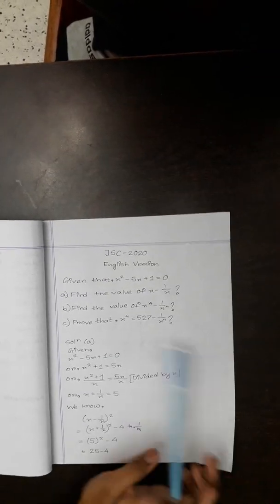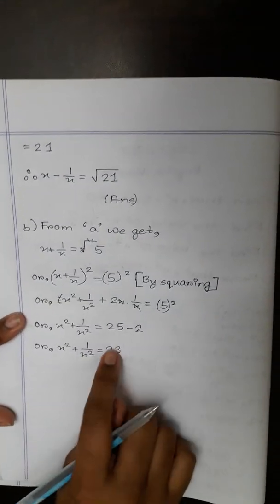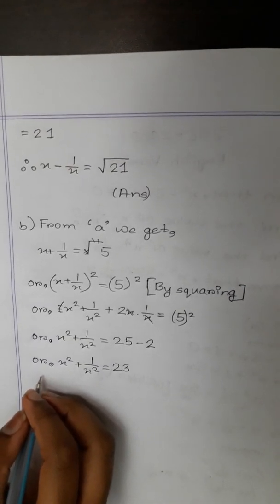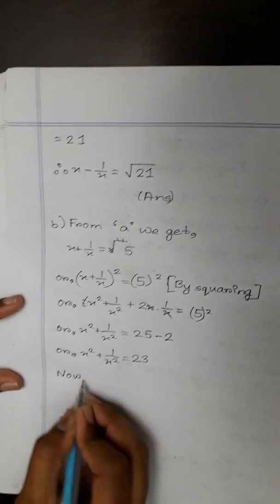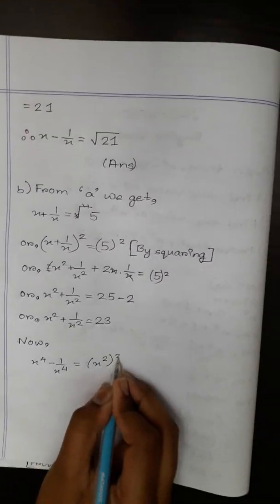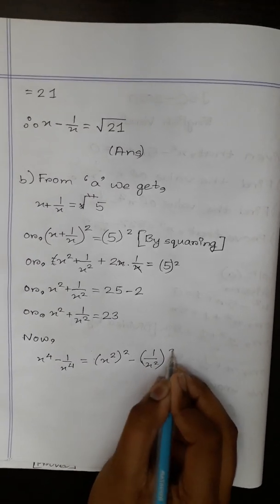So the thing we have to find is x to the power 4 minus 1/x to the power 4. So let's move on. Now the thing we have to do will be a bit harder. x to the power 4 minus 1/x to the power 4 equals (x squared) whole square minus (1/x squared) whole square.